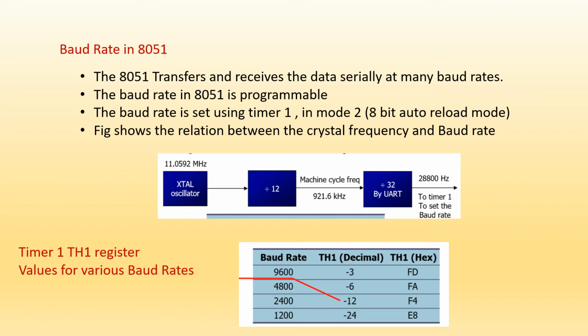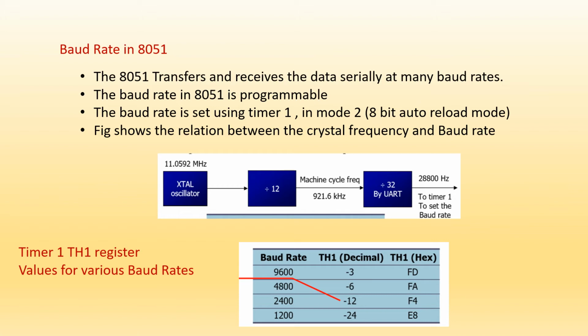The crystal frequency is 11.0592 megahertz. It is divided by 12 to get the machine cycle frequency. The machine cycle frequency is 921.6 kilohertz.